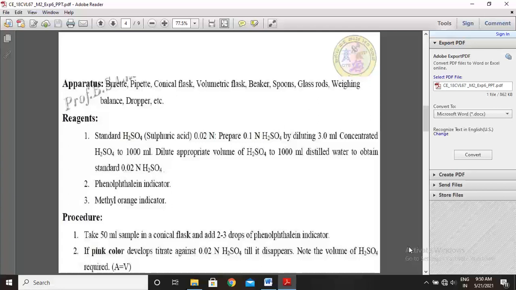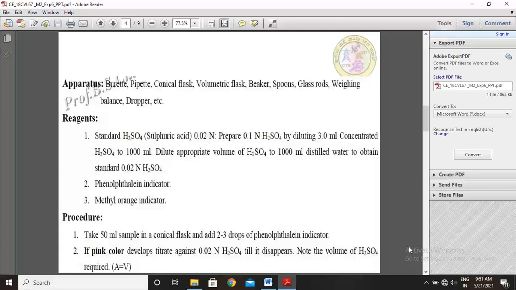Prepare 0.1 normality H2SO4 by diluting 3 ml concentrated H2SO4 to 1000 ml double distilled water. Dilute an appropriate volume of this sulfuric acid to 1000 ml double distilled water to obtain standard 0.02 normality sulfuric acid. Then phenolphthalein indicator and methyl orange indicator are required. So these are the reagents.